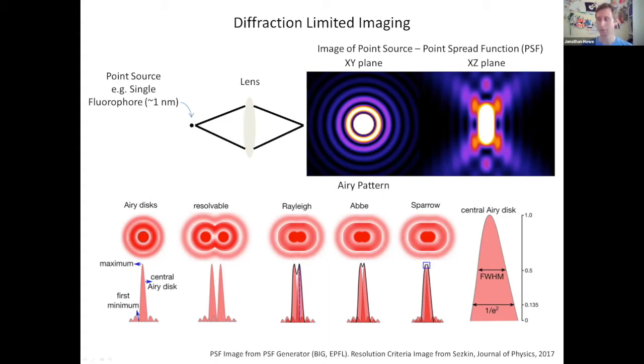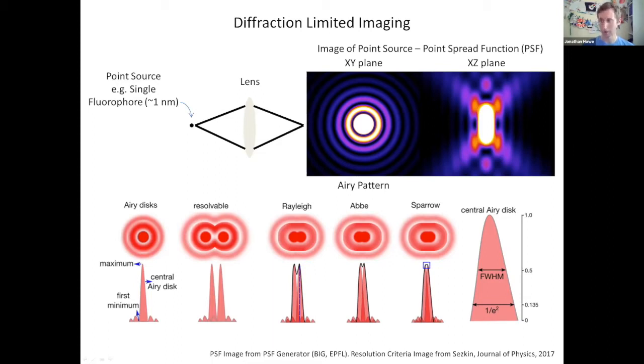Now, sometimes when you're doing imaging, your molecules are monodispersed. So a more practical way of measuring resolution from an image is actually to look at just this central Airy disk and measure the full width at half maximum intensity. And the result of this measurement, the full width half max, is actually very close to the Abbe limit.